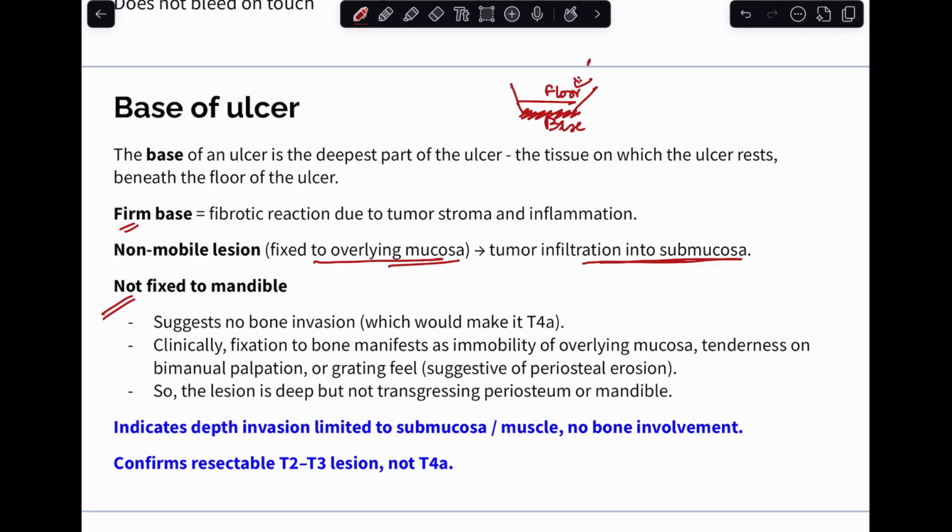Clinically, fixation to the bone will manifest as immobility of the overlying mucosa, tenderness on bimanual palpation, or a grating feeling, all of which will suggest periosteal erosion. Because all of that is not happening here, we do not have any bone involvement. It is possibly just limited to the submucosa or mucosa. So, this is definitely not a T4 lesion, possibly it is a T2 to T3 lesion.